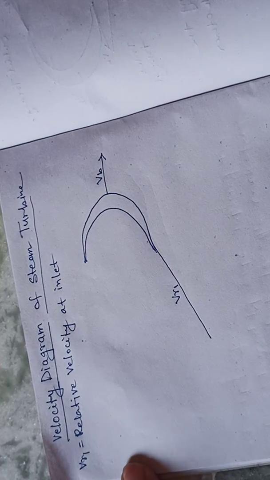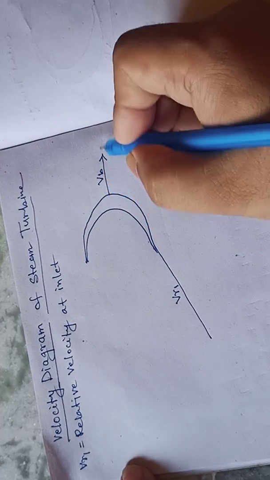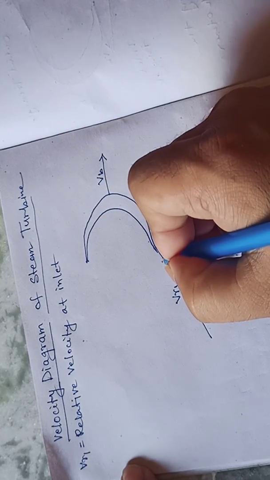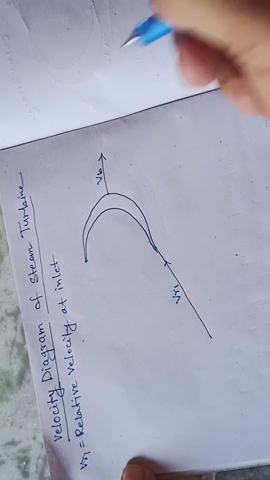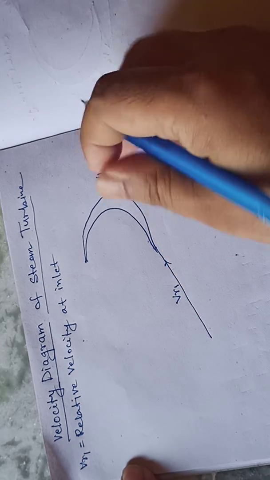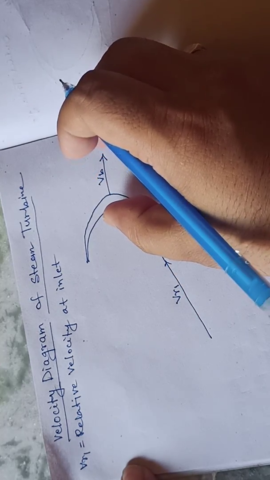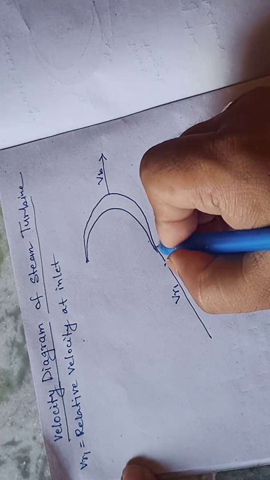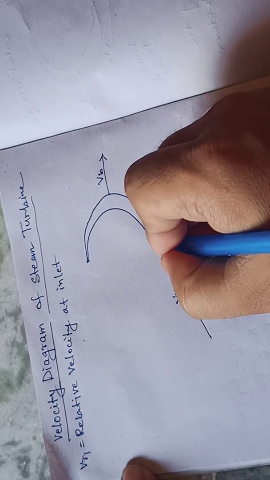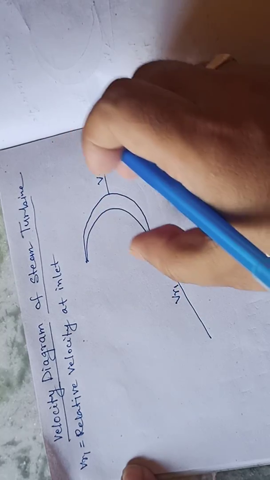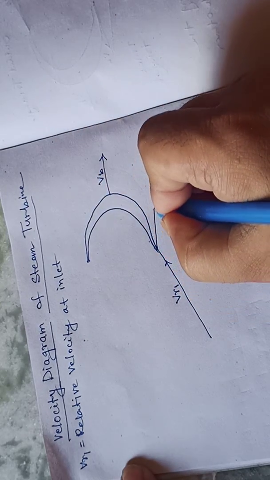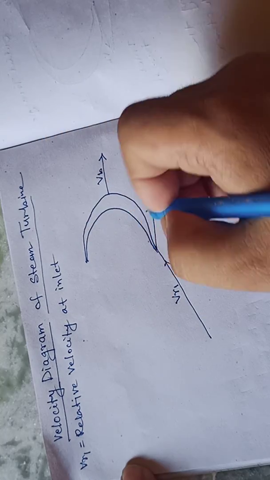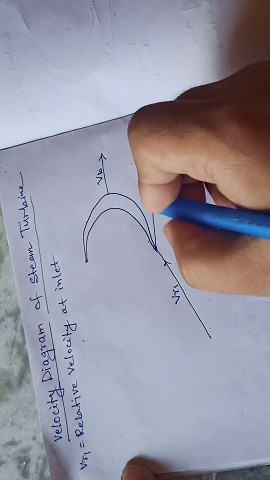Now this velocity is Vb. If we draw a parallel line at the end of this relative velocity, this is the direction of the relative velocity, and we represent the blade velocity with this relative velocity, then at this point we have to draw a parallel line with the same length as Vb.